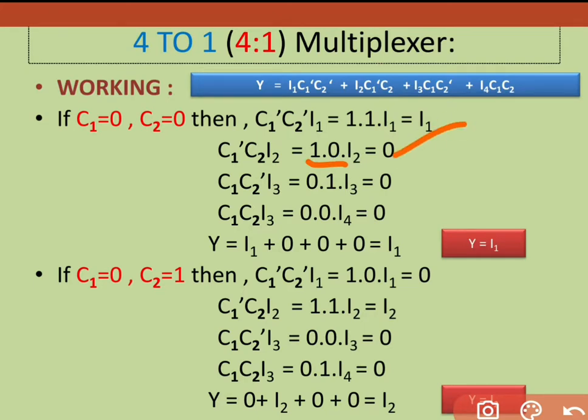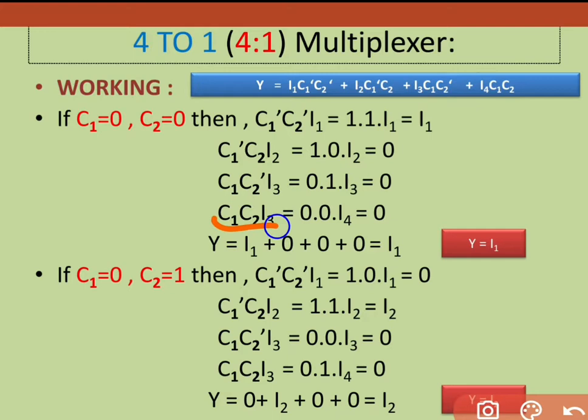The same thing for the third one: C1 C2 dash with I3. C1 already contains 0, that's why we get 0. C2 means converting 0 to 1, and then anything multiplied with 0, the answer will be 0.